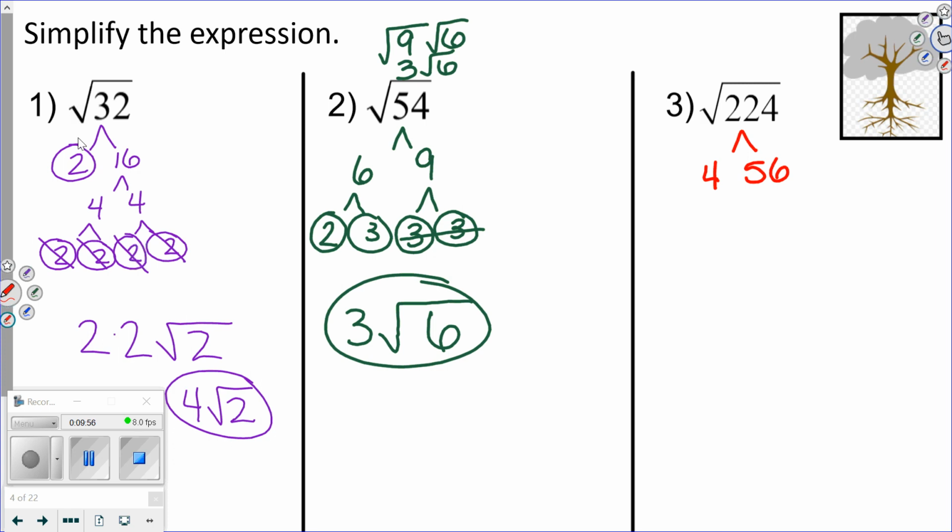Oh, I'm sorry. I thought you said 52. That's why when I repeat, it means I didn't hear what you said. All right. And then 4 will break down, right? 2 and 2. What about 56? All right, and then that's 2 and 7. And that's 2 and 2.